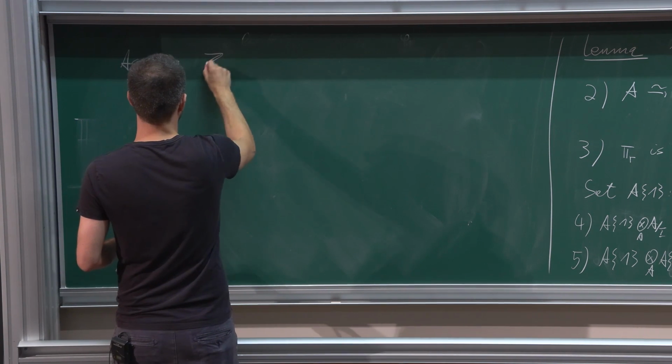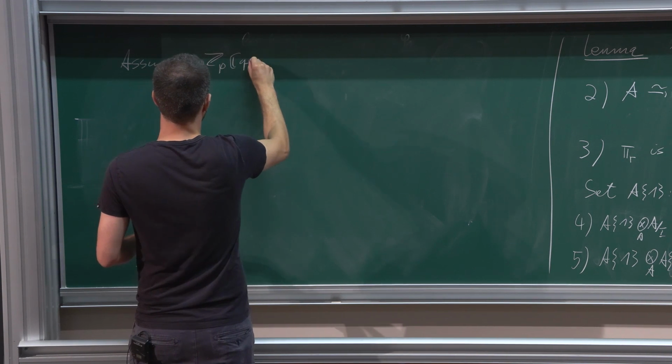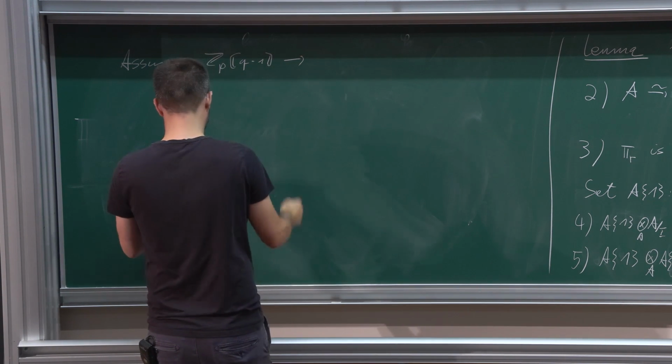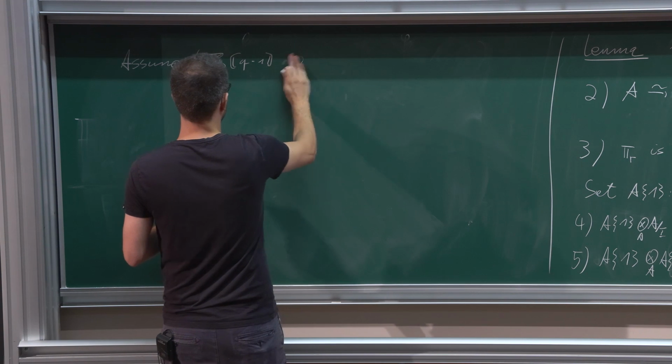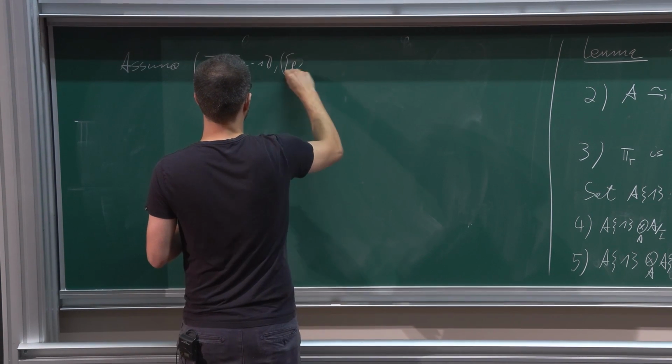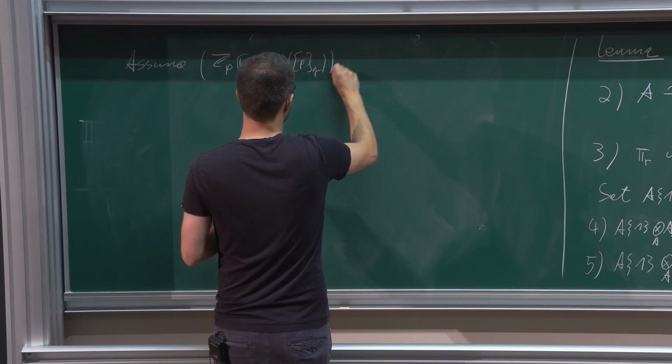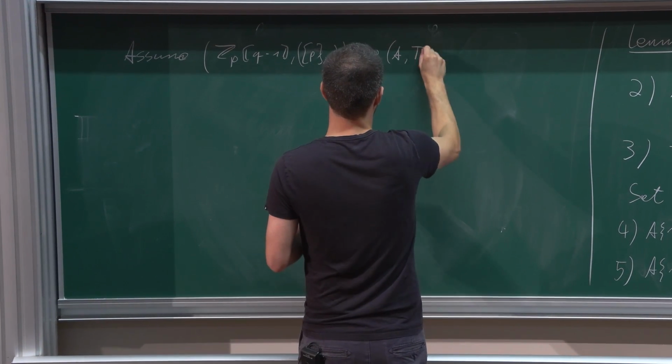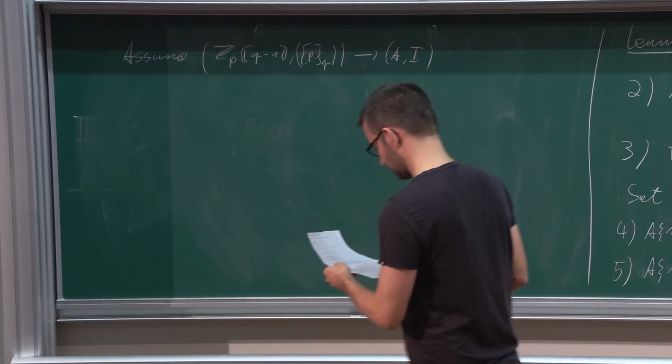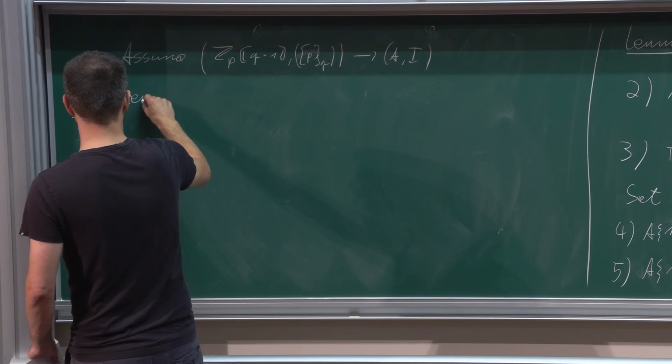So first, assume that we have a given morphism of prisms from the cyclotomic one to (A, I). And then the lemma to be proven is the following.